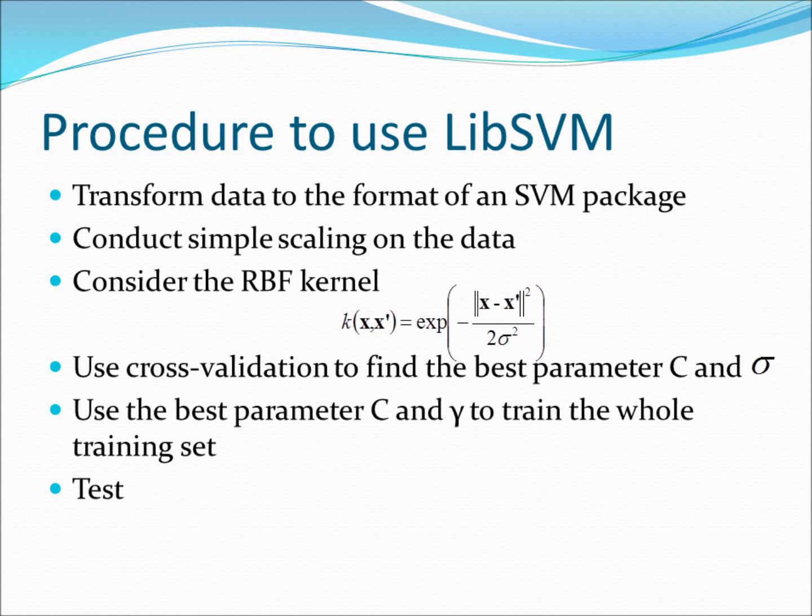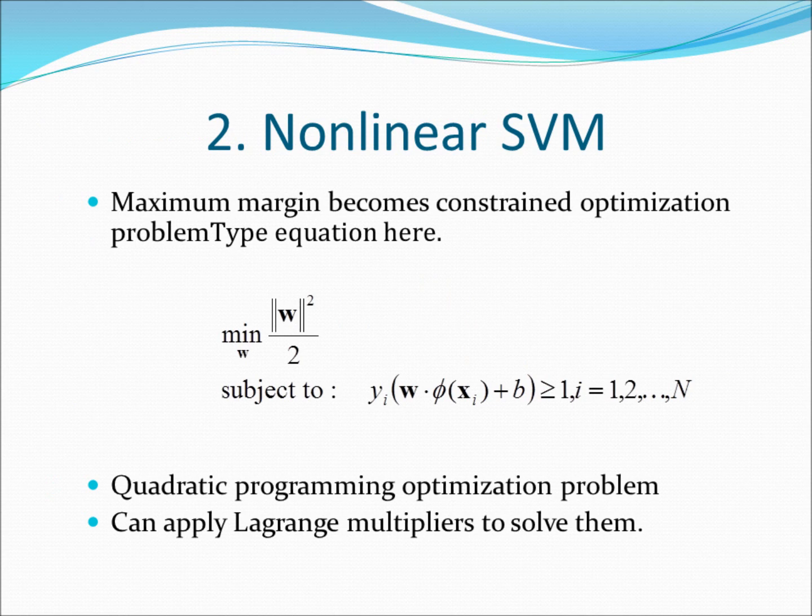Now, this C is a different model. We did not see the C in this model. Actually, because you don't have a clear cut. Regardless of what way you use, you always have some error of your classification. That C is the penalty coefficient for the classification error.